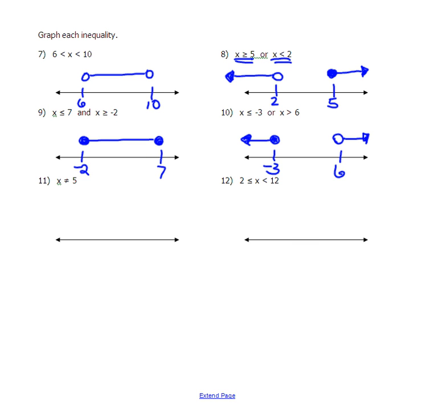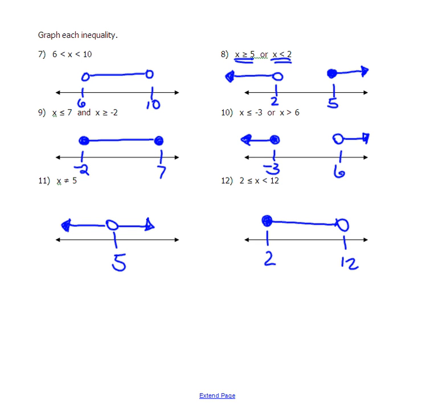And 11 is just saying it can't be 5. It can be anything but 5, anything at all, as long as it is not 5. And the next one, x is between 2, including 2, and not including 12.